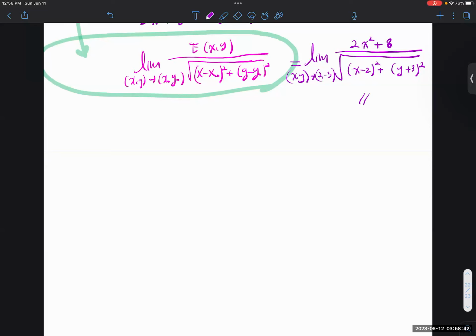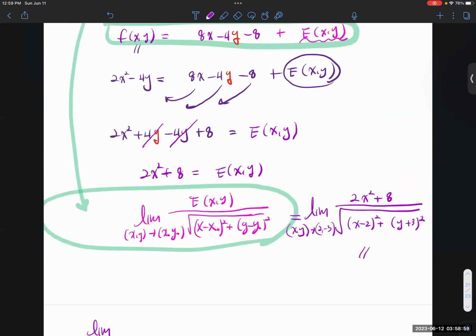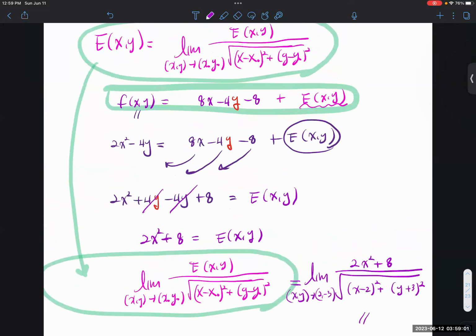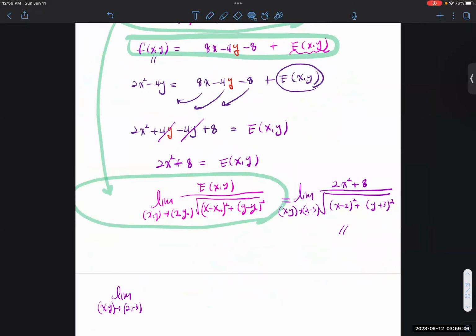Okay, so I'm going to simplify the limit as (x, y) goes to (2, negative 3), and then I can find out the factor. Let me just double check. 2x squared, negative, sorry, I have a mistake here.